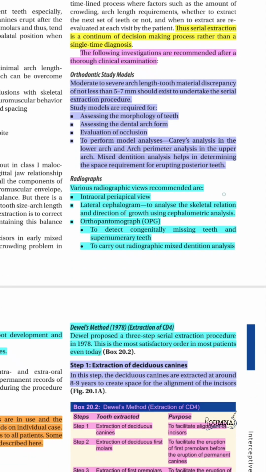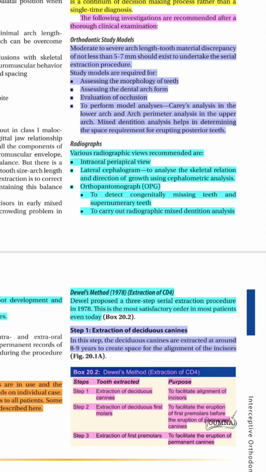Also, we must assess by doing the caries analysis in the lower arch and an arch perimeter analysis in the upper arch. Also, the mixed dentition analysis helps in determining the space requirement for erupting posterior teeth.